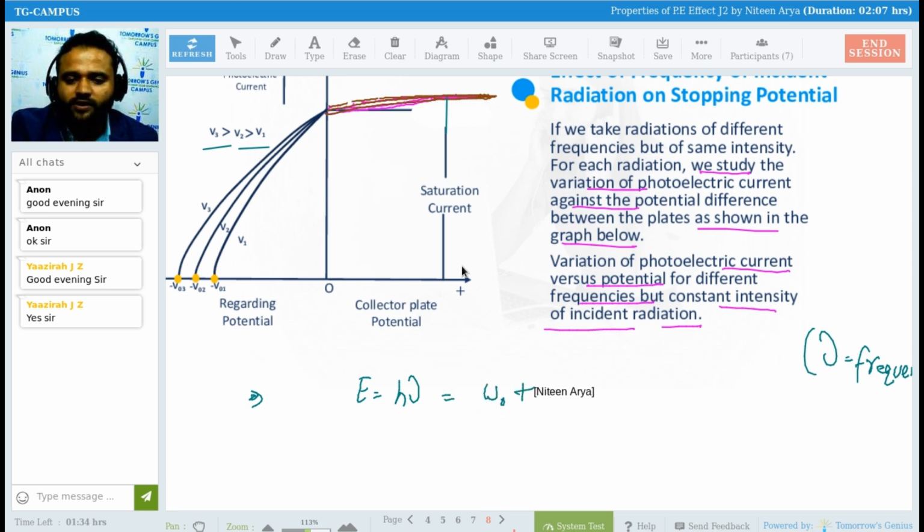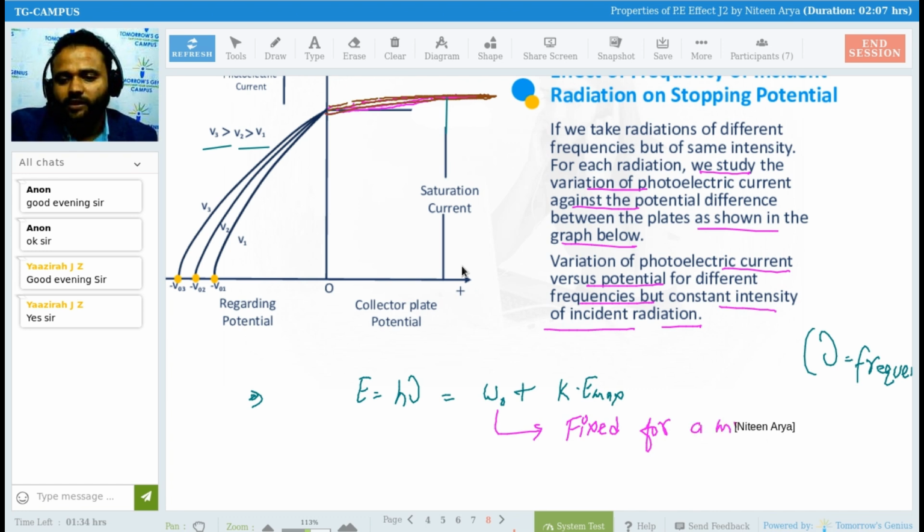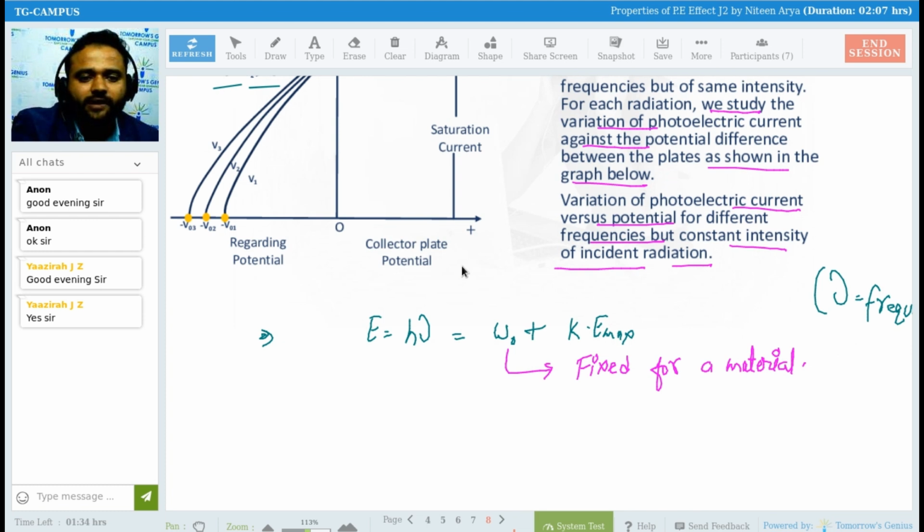Why so? Because W₀ is fixed for a material. This is fixed. We know this. Fixed for a material.